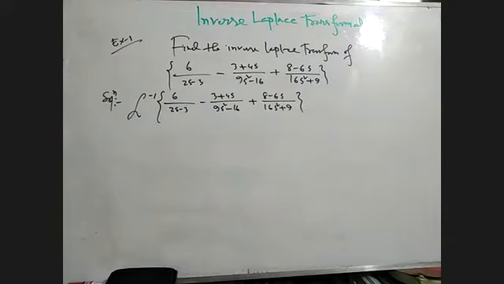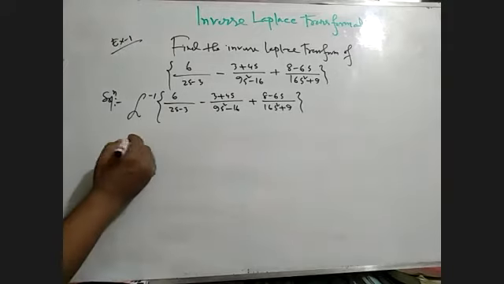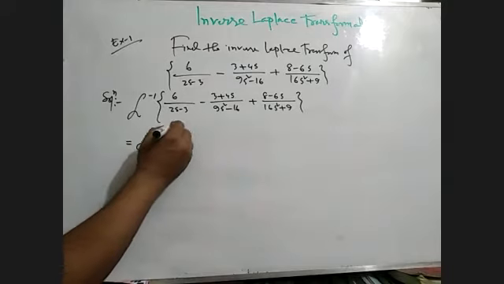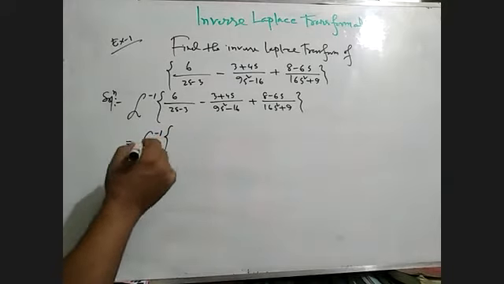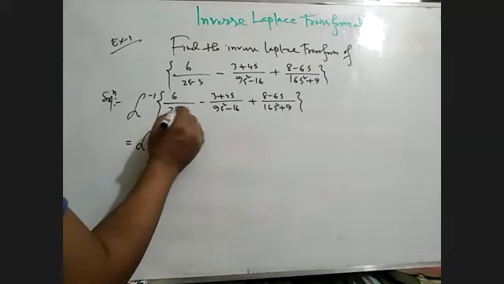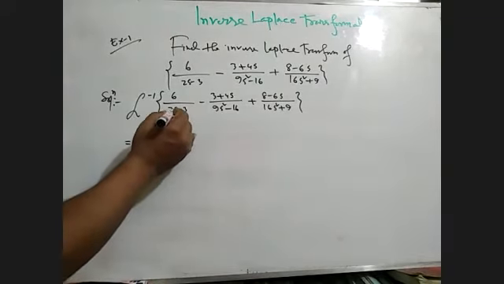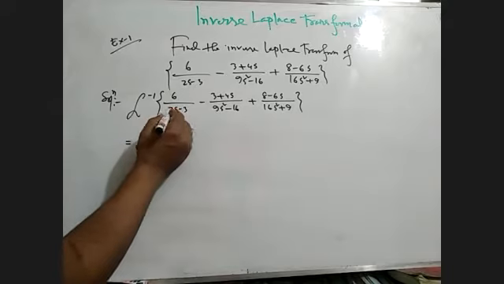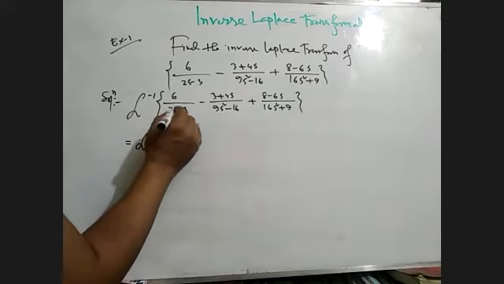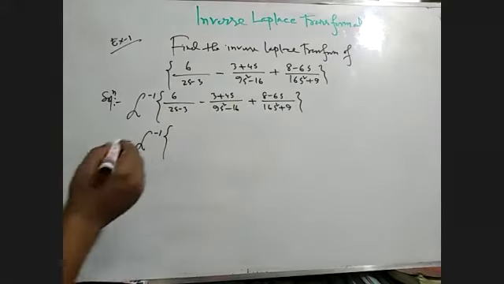So for this inverse Laplace transformation, we can rearrange the whole term. This is the operator for inverse Laplace transformation. We have to free the coefficient, that means we have to take the coefficient of s common from every term.